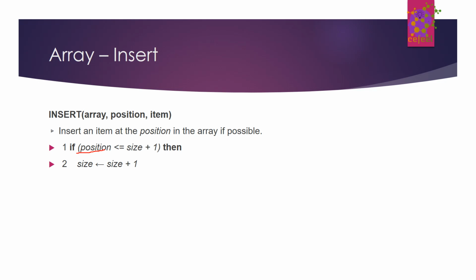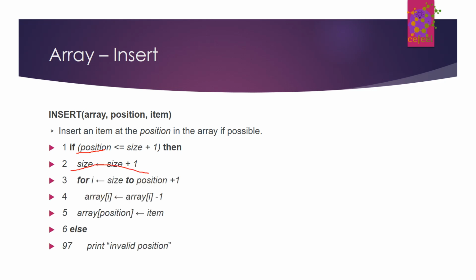So if it's a valid position, the first step which we do, which we already discussed, is to increase the size of an array, size equals size plus 1. Then the next few steps are to actually move the elements from the position to the end, one step to the right.